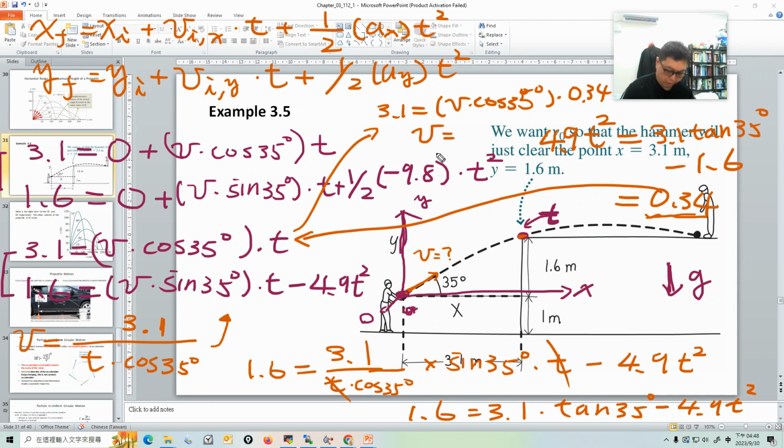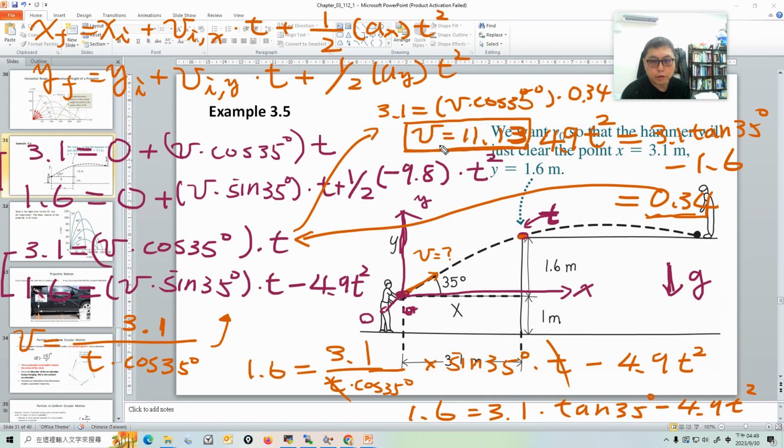It should be 11.13. So the answer to the first question, what's the minimum speed to pass through the barrier, is 11.13.